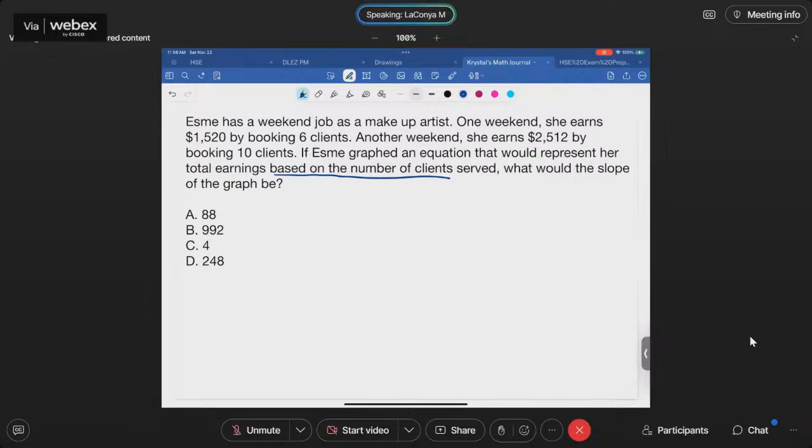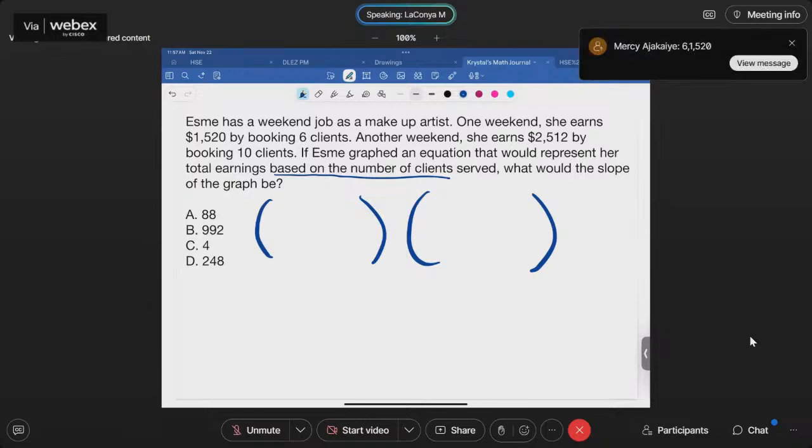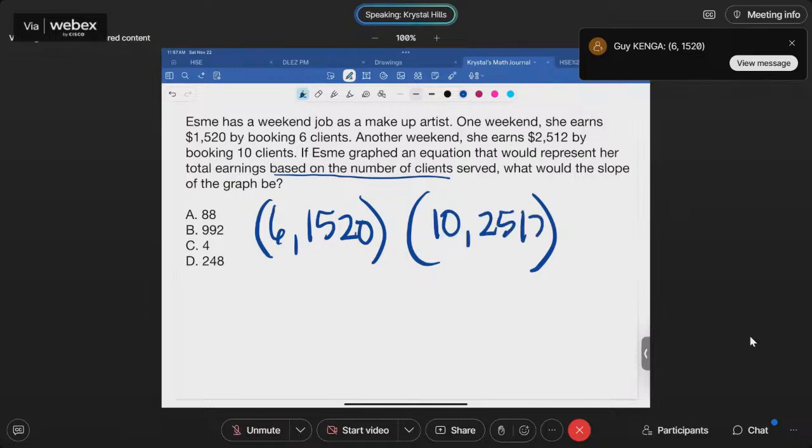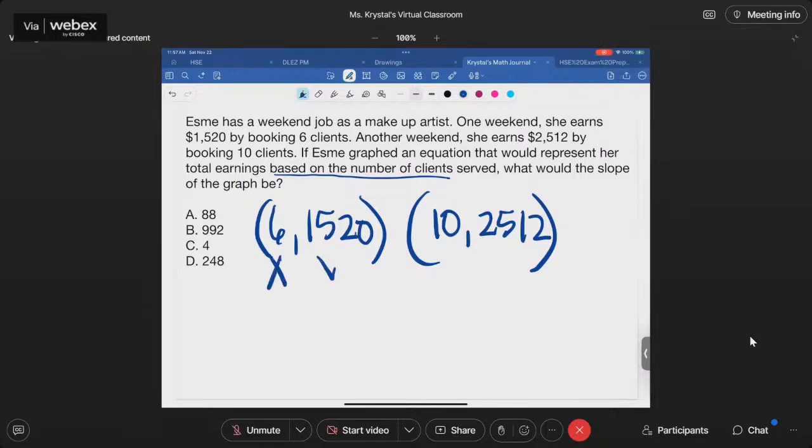Yeah, that's what I put. But which one comes first though? The one at 15, 20. So 6 and 1520, and then 10 and 2512. That's X, that's Y.